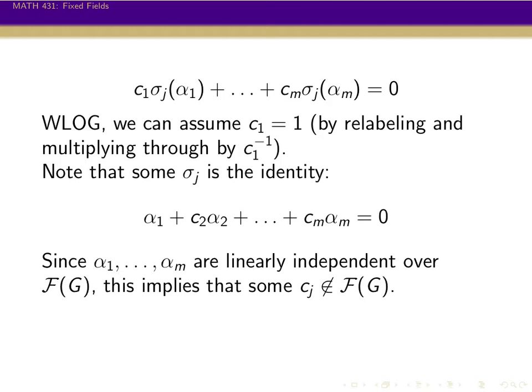Well, these are linearly independent over the fixed field of G because this is our base field. And this is a basis over the base field. And so that means that not all of these coefficients can be in the fixed field of G. If they were all in the fixed field of G, then we would have a linear dependence between basis elements, and that's impossible. So we can be sure that at least some of these Cjs are not in the fixed field of G.